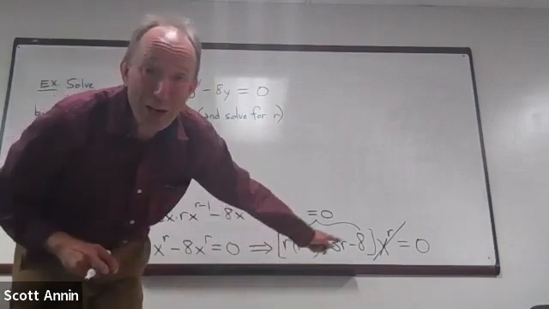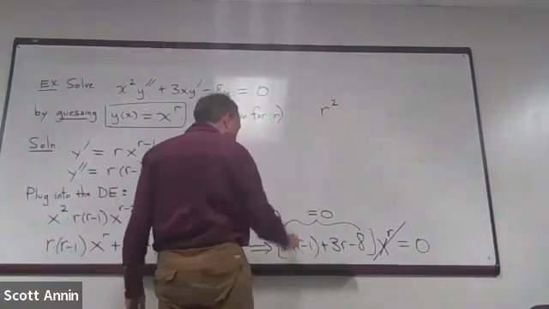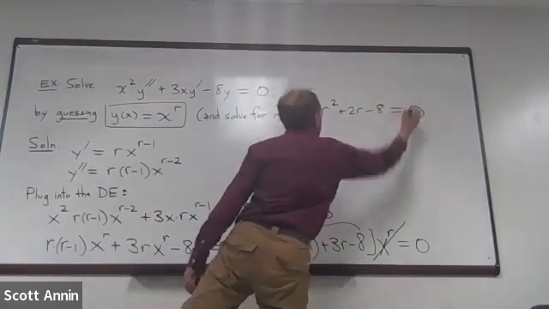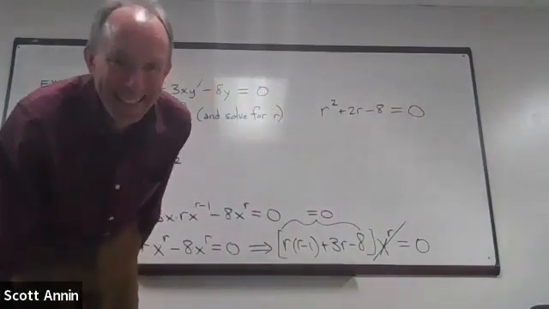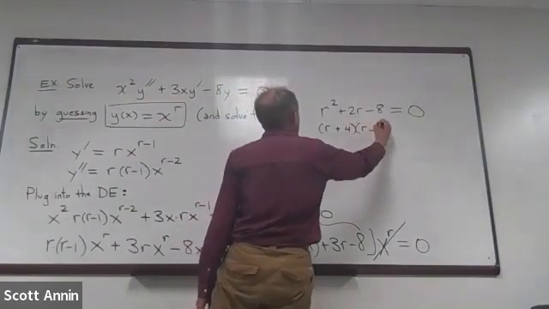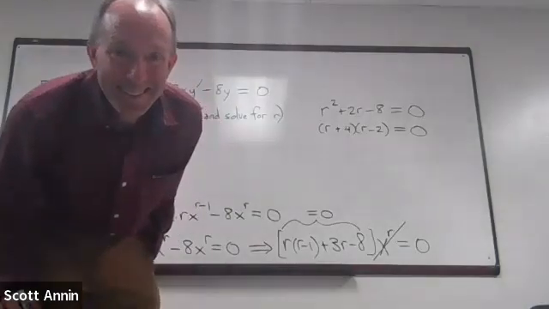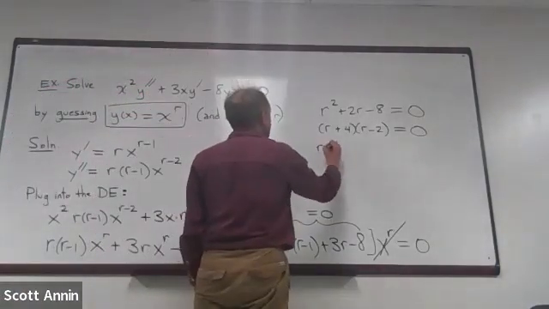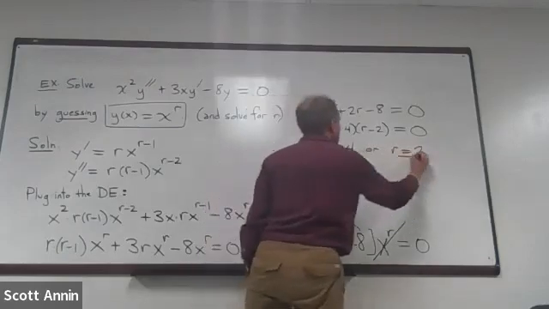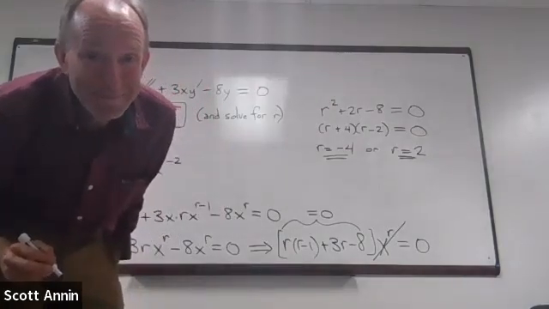This is actually just a quadratic equation. If we work it out, we're going to see that we have r squared plus 2r minus 8, which factors very quickly as r plus 4 times r minus 2. And sure enough, now we realize that we have two values of r that work.